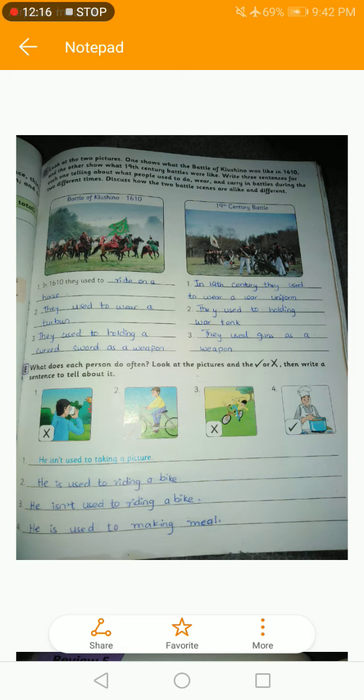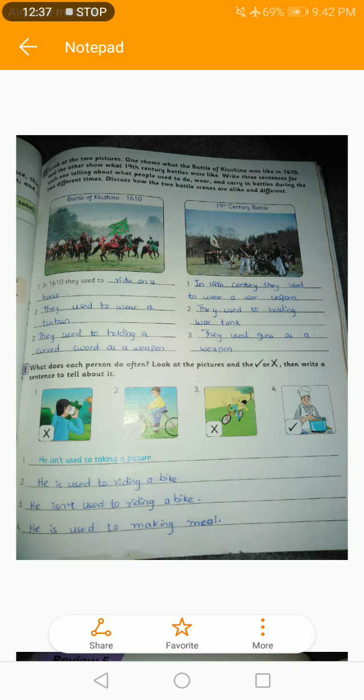So look at the first picture. In the first picture, they ride on horses, they used to wear turbans, and they used to hold a curved sword as a weapon. So these are the scenes of the 1610 battle. And then the 19th century battle.